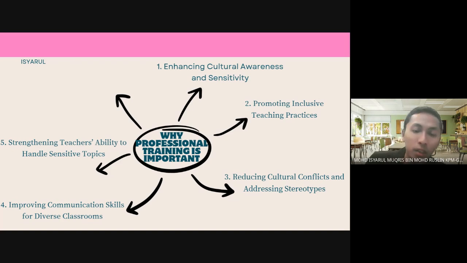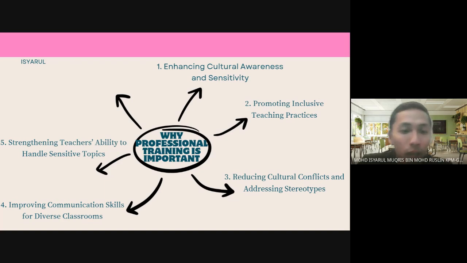Okay, the third one is reducing cultural conflicts and addressing stereotypes. Cultural misunderstanding can lead to conflicts and stereotyping in the classroom. So training prepares the teachers to manage such situations effectively.